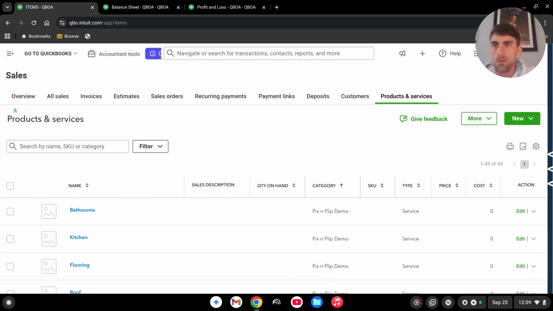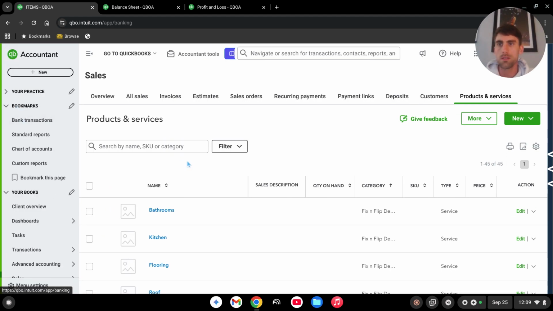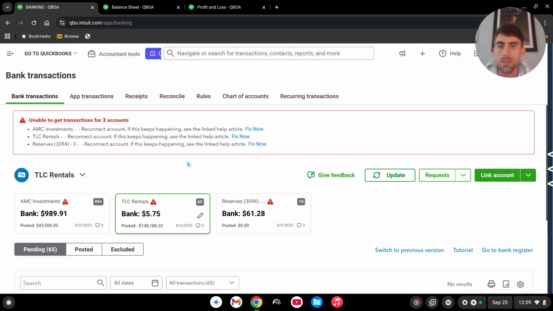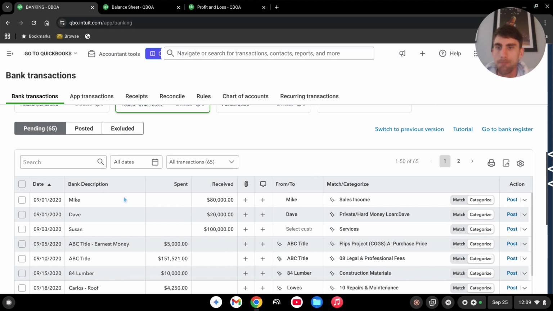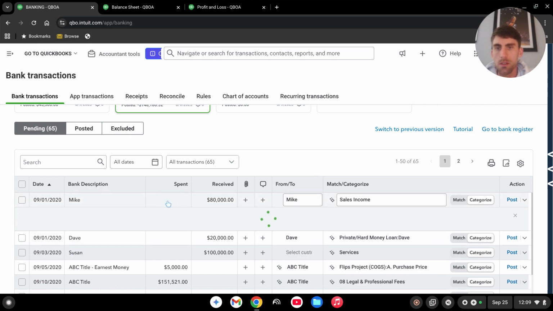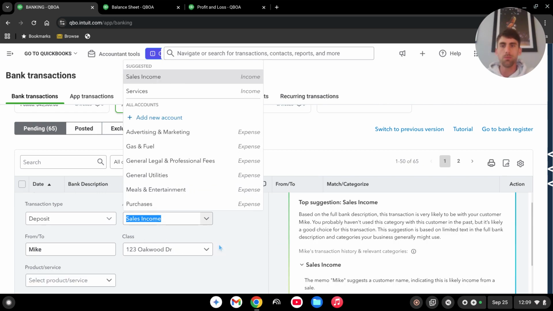So let's go into our bank and let's do a couple deposits. We're going to use a private money lender to fund this project, and we have 3 of them here. So Mike gave us $80,000, and we're going to put this into a liability account.